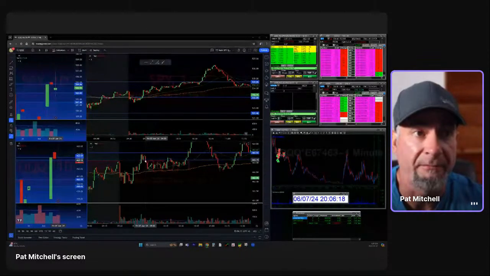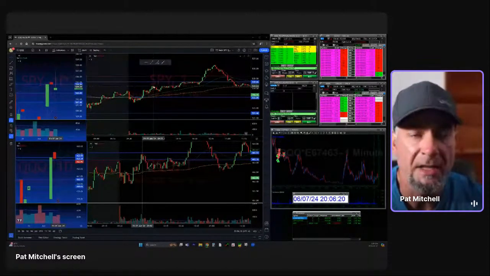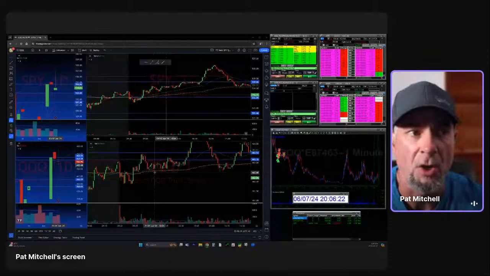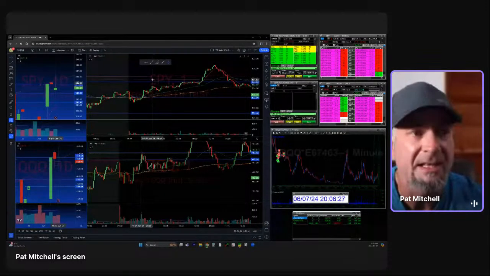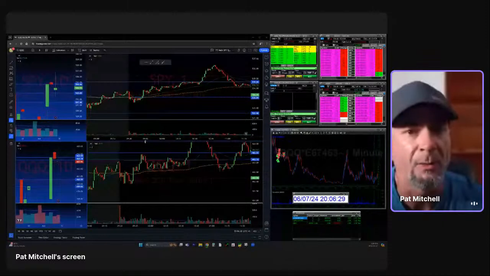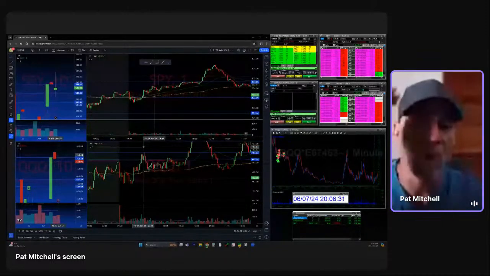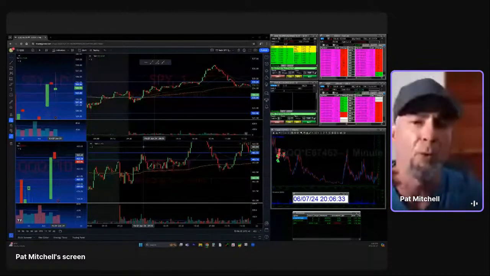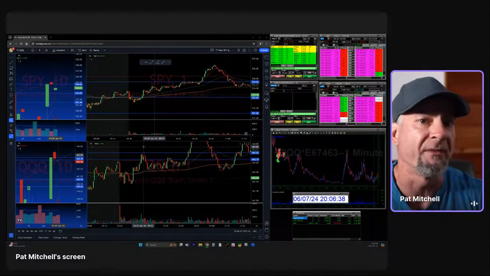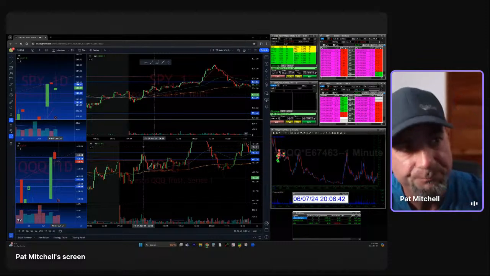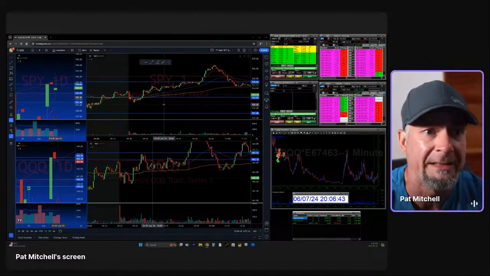Understand? So don't be afraid to start in a little bit early. But if you start in on Qs and SPY has a little bit of extra distance, Qs can go that little bit extra. So you have to watch both of those markets and both of those charts and be aware if one has a little bit of extra distance. That's what I wanted to point out in this episode.